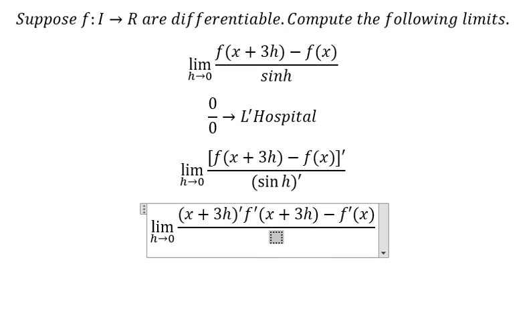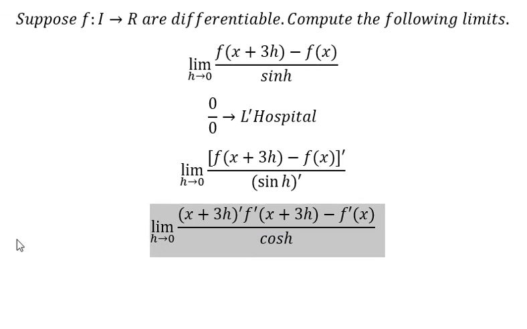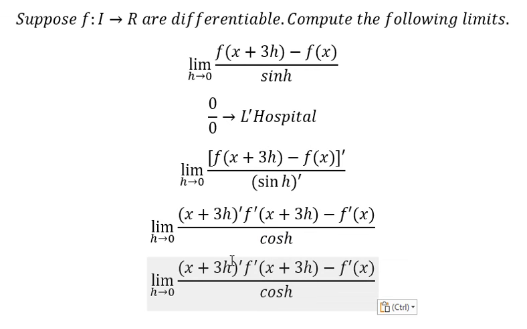This one we have cosine h. This one we have number 1, because the first derivative of x you get about number 1.